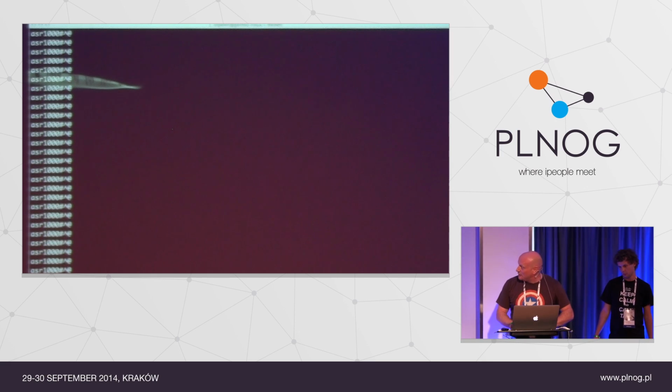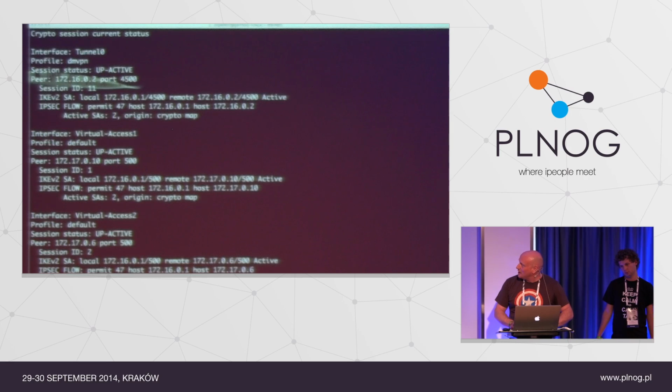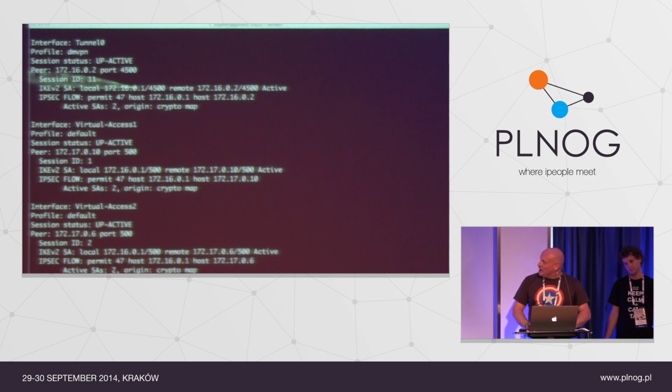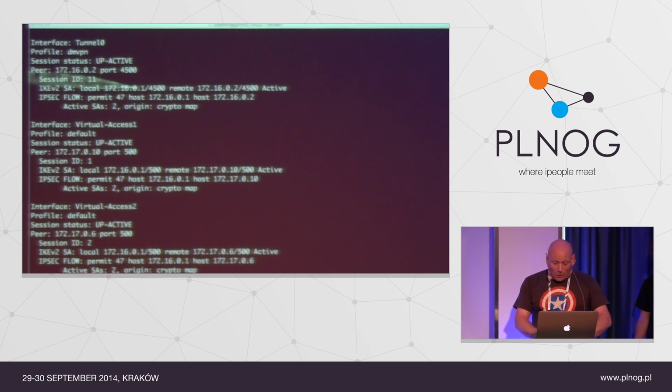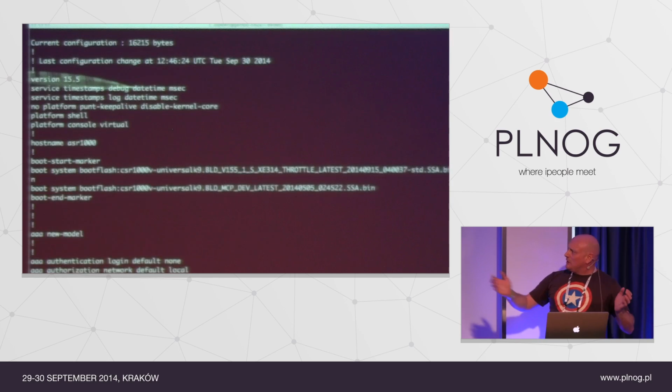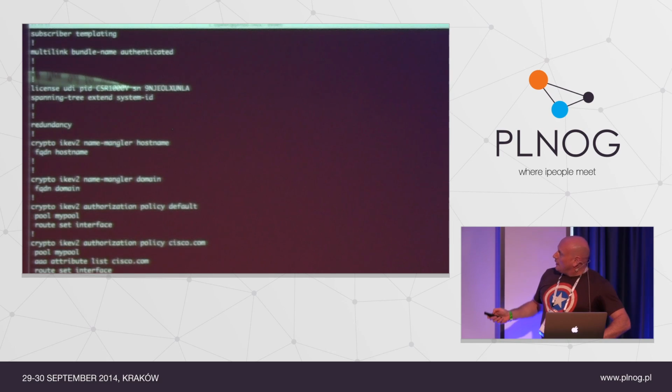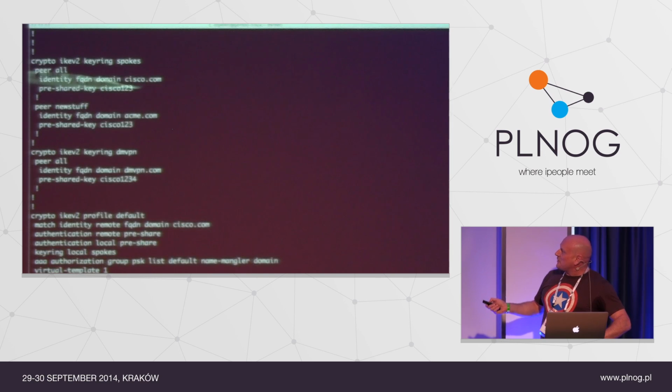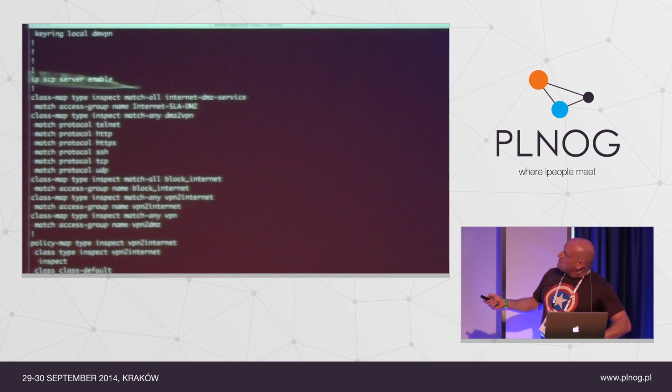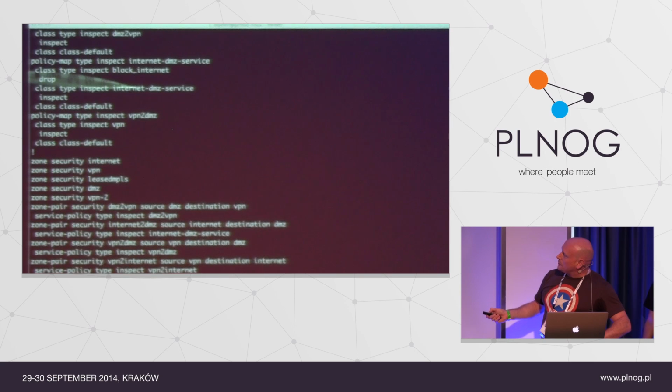Normally, let's hope things are still working. Yes, it's up, it's good. So the first thing that you might do is say, well, let's go to the config. And then you would say, damn, I see a lot of IPsec config, and I see zone-based firewall config with a lot of zones.